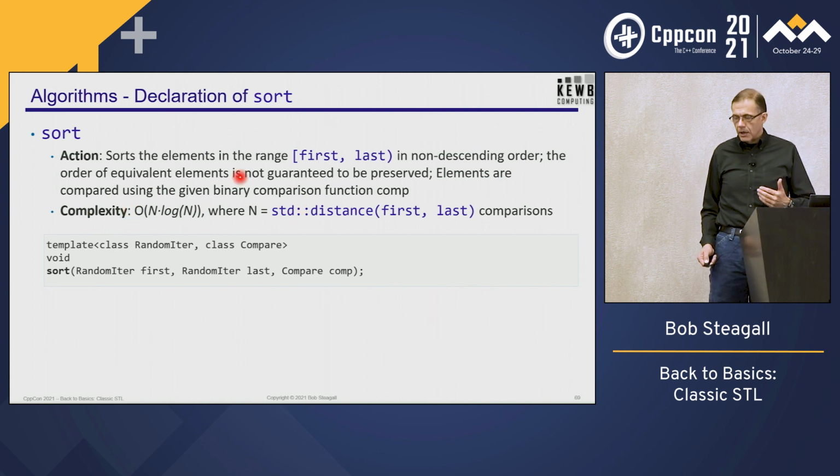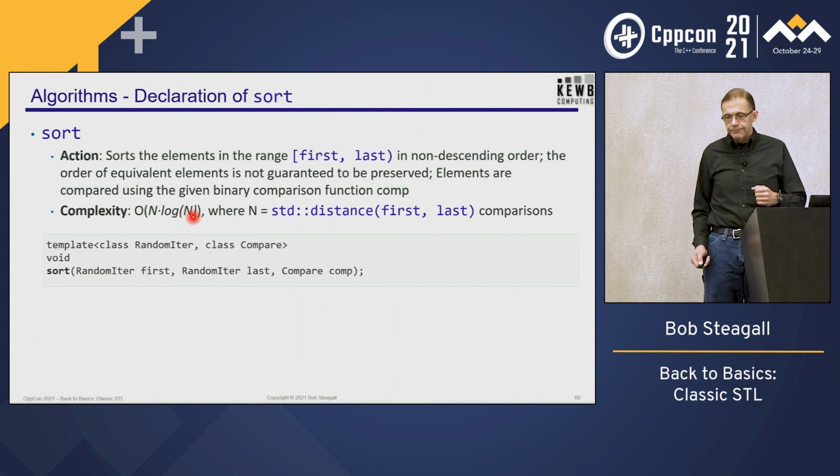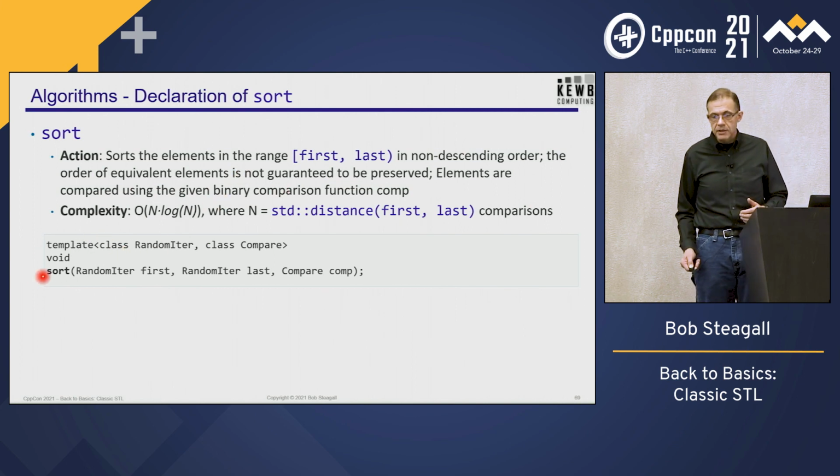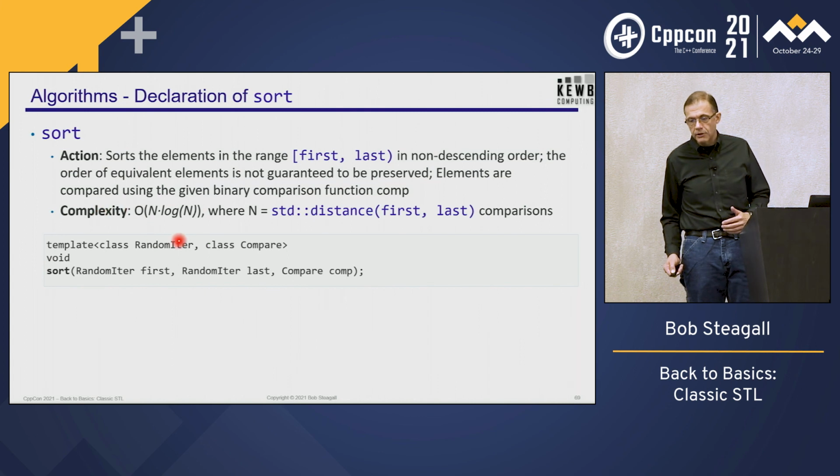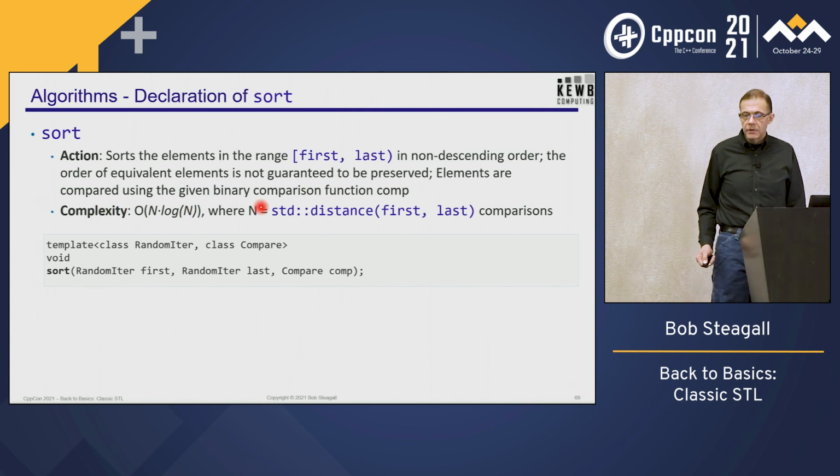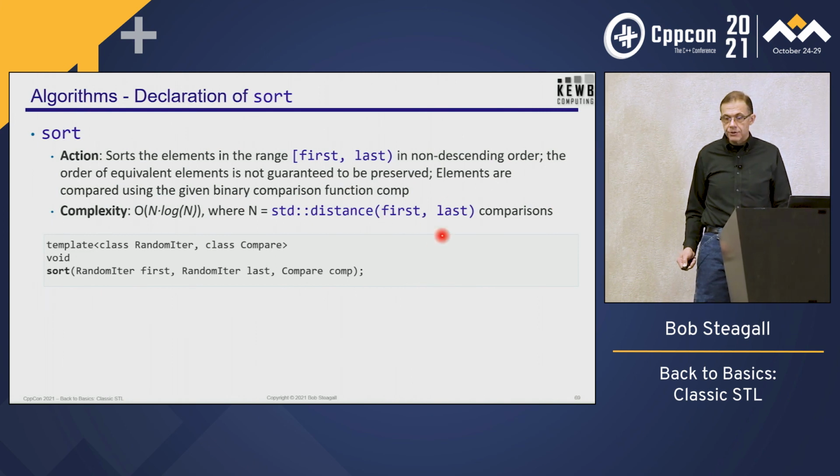You can provide a comparison function to it. Its time complexity is guaranteed to be at worst n log n, where n is equal to the number of elements in that range. And what I wanted to do is just provide the prototype, the declaration of the function here.